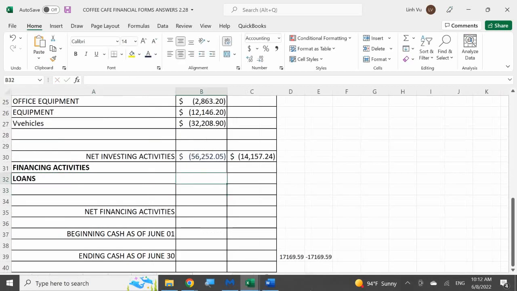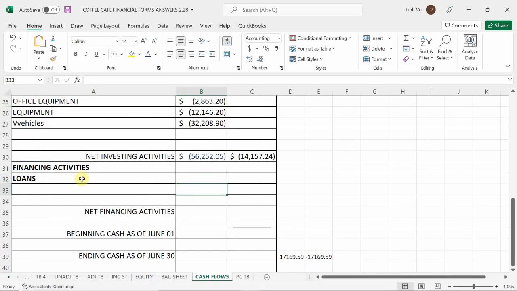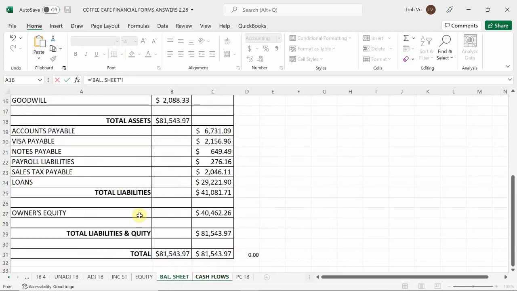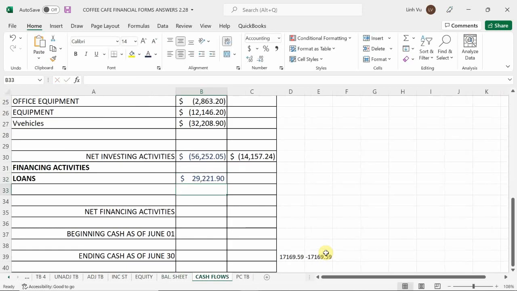And that means I gain money, right? I gained money for this loan. So therefore, when I borrowed money, that means I had a positive $29,221.